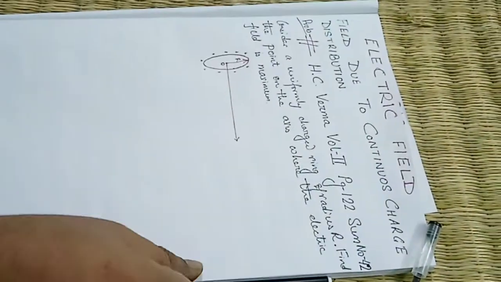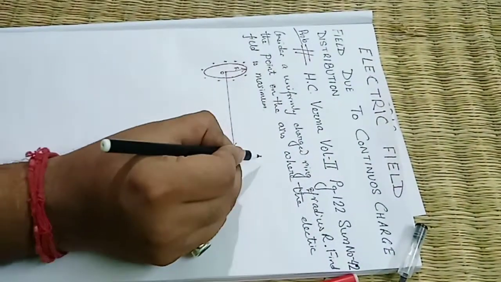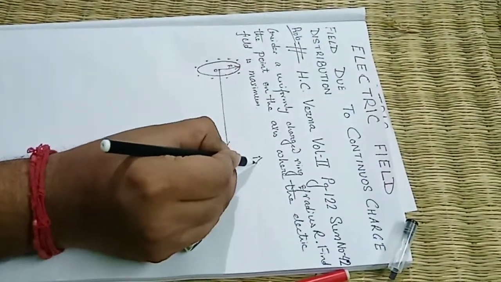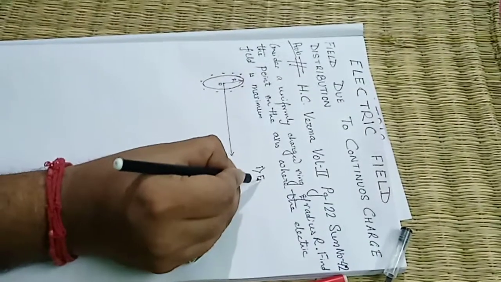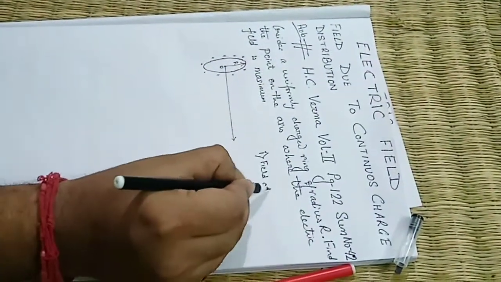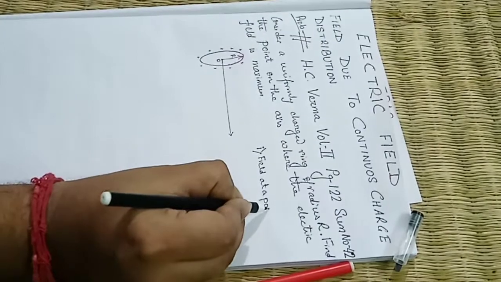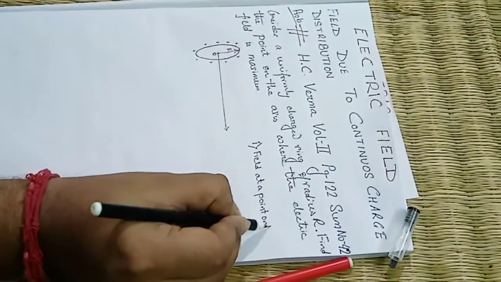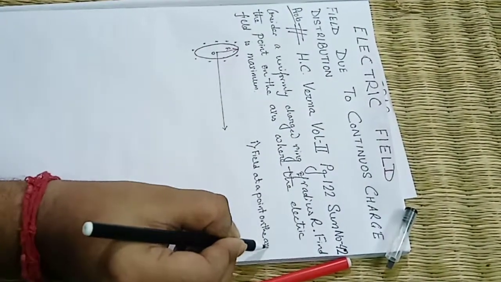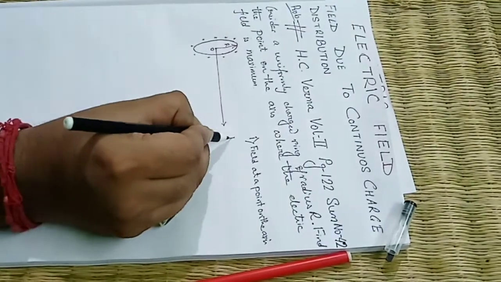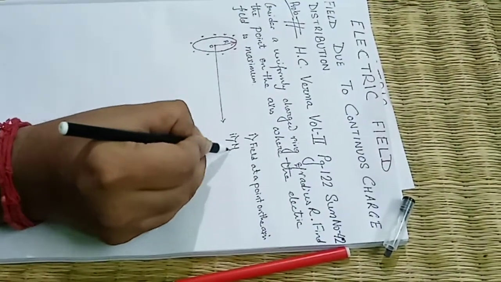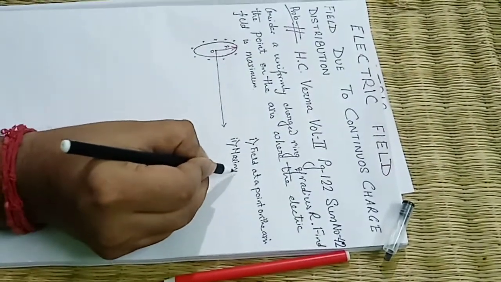We will do the problem in two steps. Step 1, we will find a field at a point on the axis. This is our first step, and in the second step we will maximize the field.